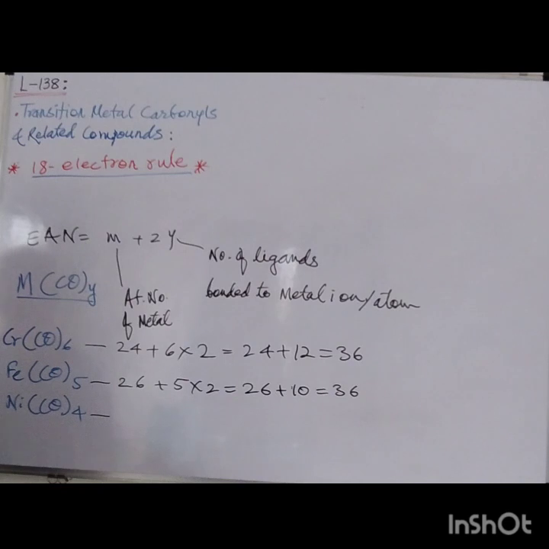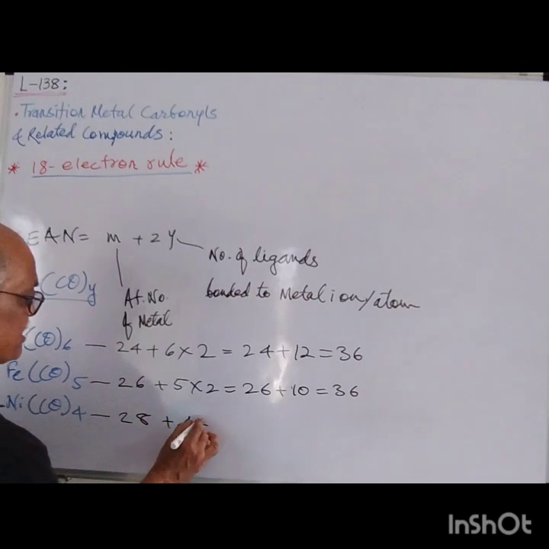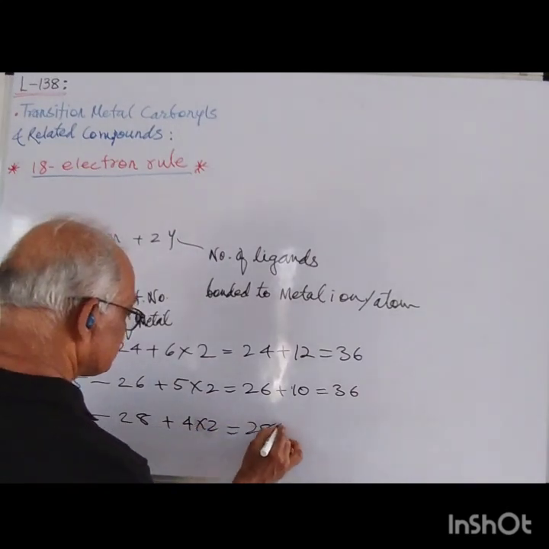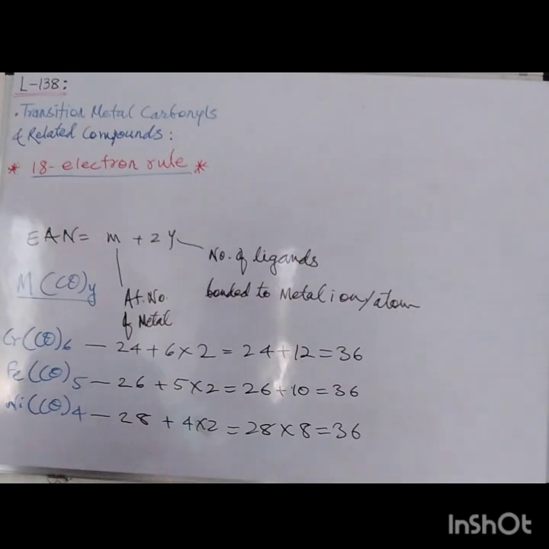In the case of nickel, counting scandium, titanium, vanadium, chromium, manganese, iron, cobalt, nickel, the atomic number is 28, so 28 plus 4 into 2, that is 28 plus 8, equal to 36.